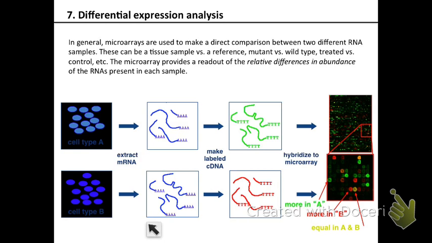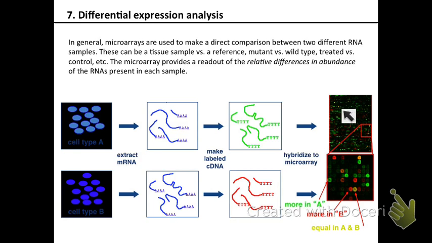For cell type B, you do exactly the same thing, but instead of a green fluorescent nucleotide, you add a red fluorescent nucleotide. So all the cDNA coming from cell type B is going to be fluorescently labeled red. So then you mix these up. You mix these red and green labeled cDNAs and hybridize to the microarray.